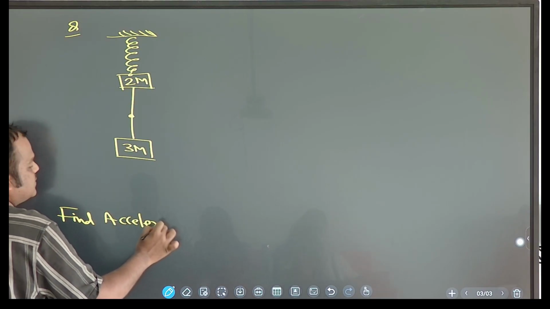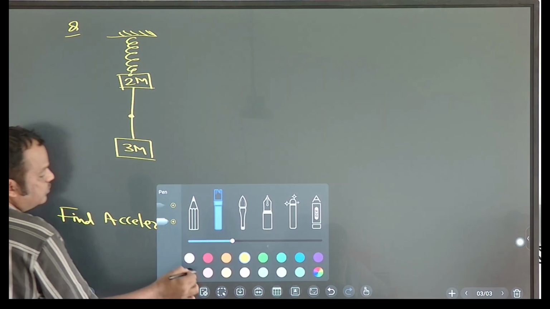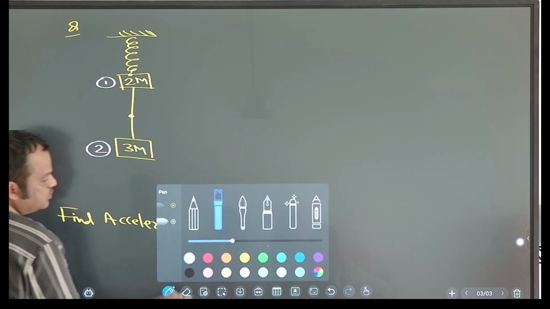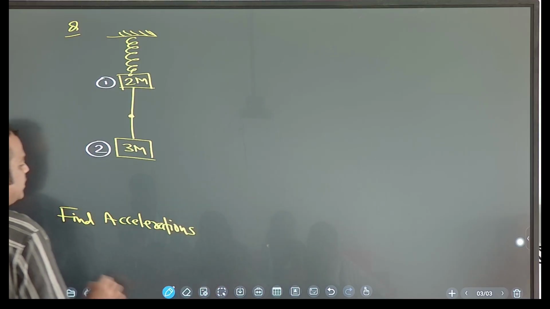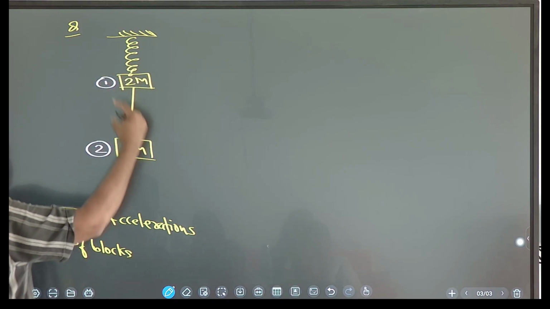Find accelerations of block 1 and 2. This is block 1, block 2.